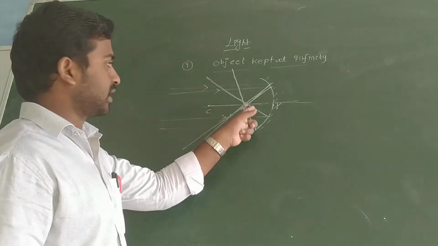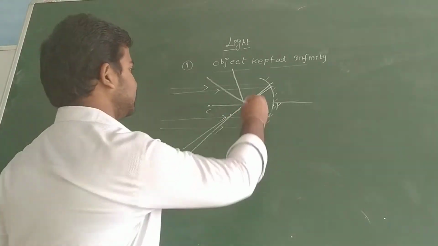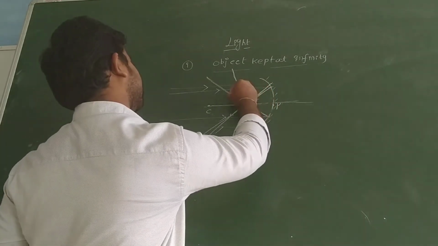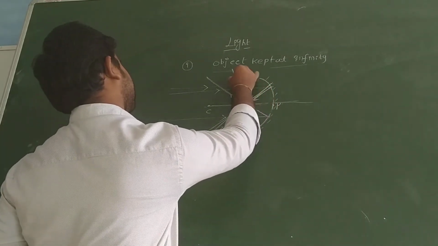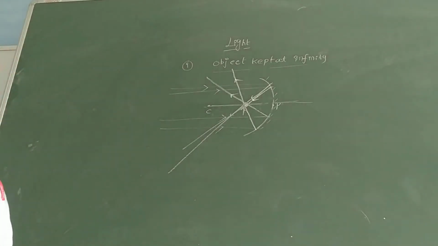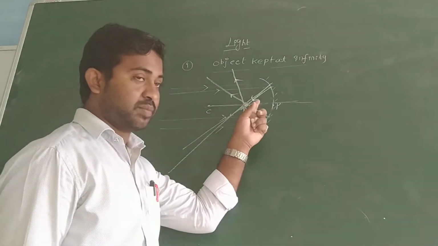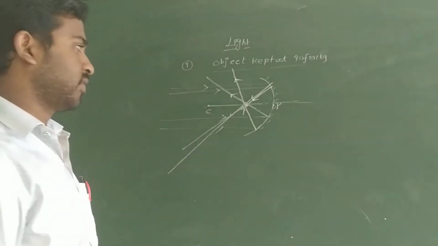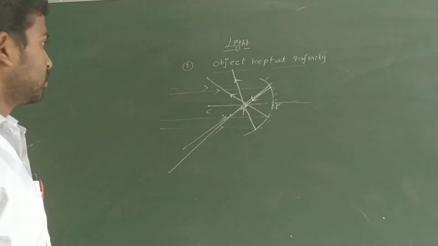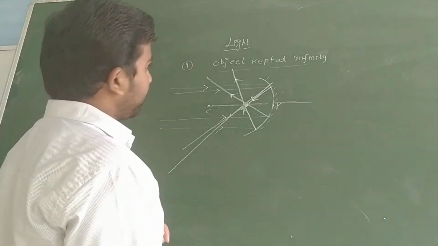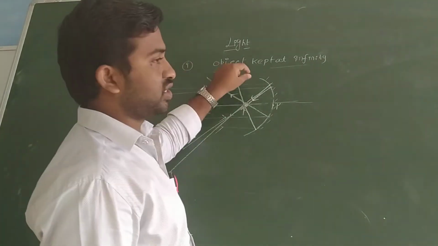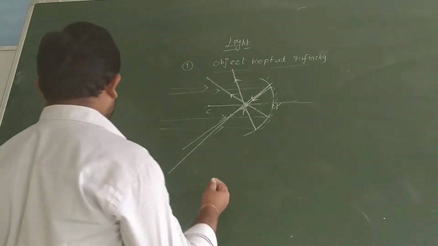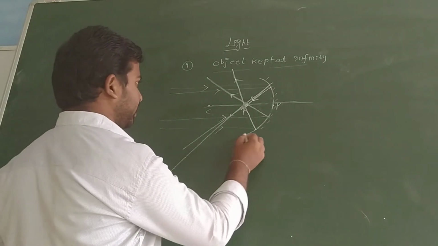So here all the reflected light rays actually meet. This is a reflected light ray direction, this is a reflected light ray direction, and this is another. All the reflected light rays intersect at some point on the principal axis. That point we call the principal focus of the concave mirror. The main aim is where we kept the object, where the image will be formed, and what the nature of the image is. The image is formed at the focus.